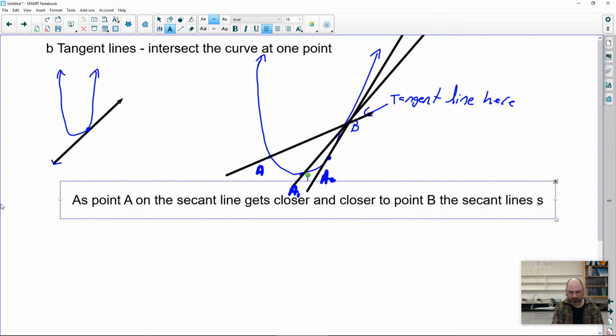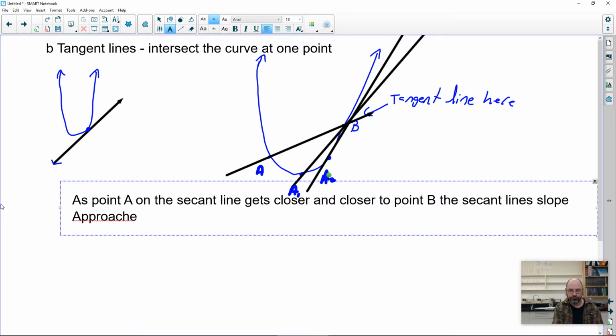Or, as we like to call it in calculus, the secant line slope approaches the value of the tangent line slope.